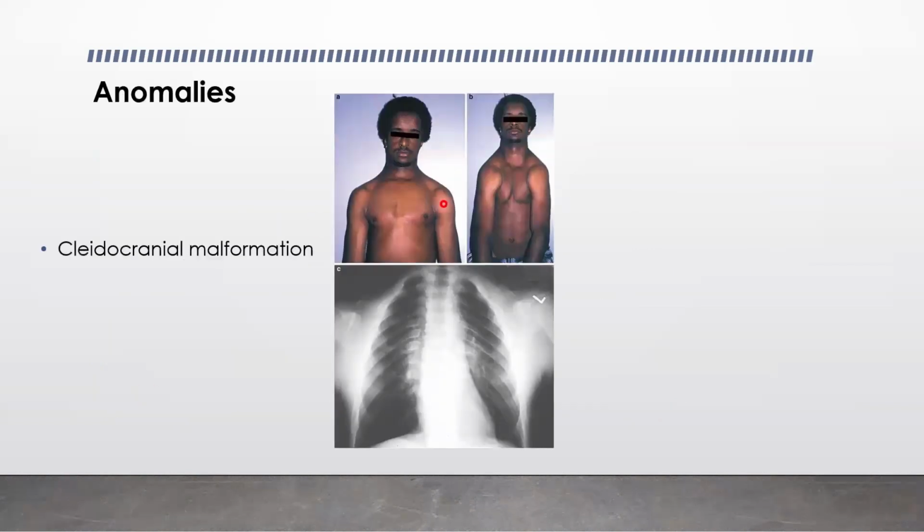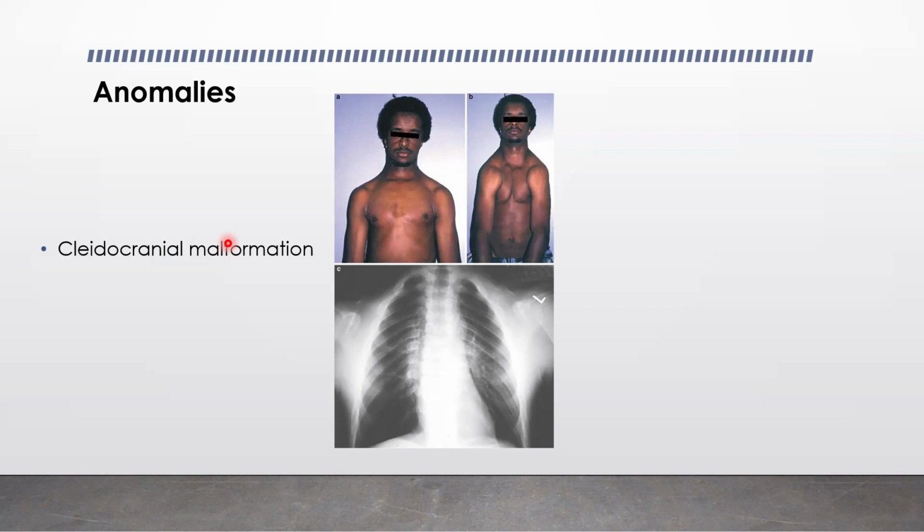Yes, so anomalies. Remember we see that the clavicle develops by endochondral and intramembranous ossification. And then remember the bones of the skull, especially the neurocranium, the flat bones, come from intramembranous ossification.